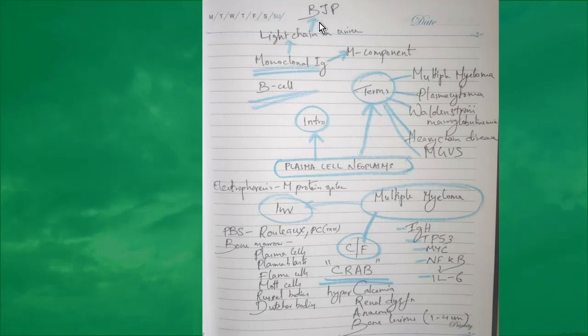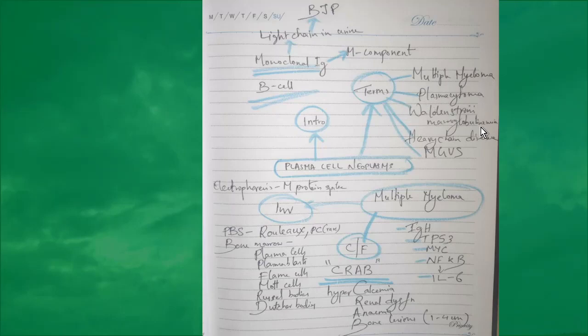There are certain terms associated with plasma cell neoplasms. First one is multiple myeloma. We'll look into multiple myeloma here itself. Plasmacytoma basically means a solitary lesion of plasma cells. Compared to multiple myeloma, it's rare.